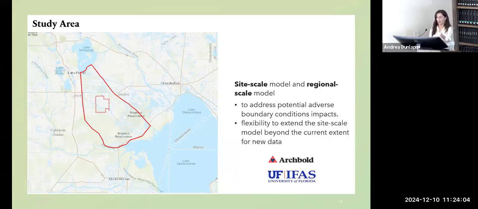Here, you can see our modeling area has been extended all the way to Lake Istokpoga from the north and to Lake Okeechobee. On the west and east sides of the model are some rivers, I believe, one of them called Fisheating Creek, and the other is a canal that we extended our model area to. So that was the modeling setup.